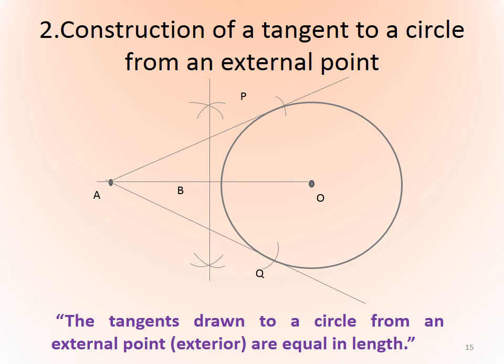You can measure the angles using the protractor and the length of the sides using the ruler. Then we can say AP and AQ are the tangents drawn to the circle with center O from the point A.